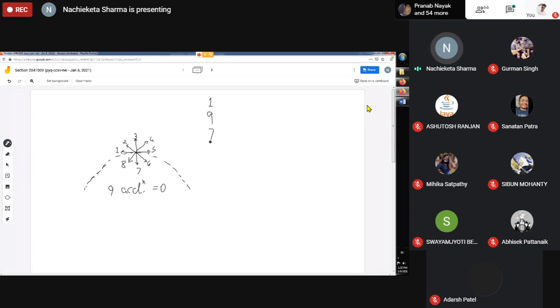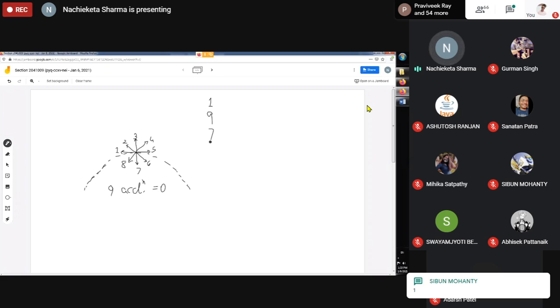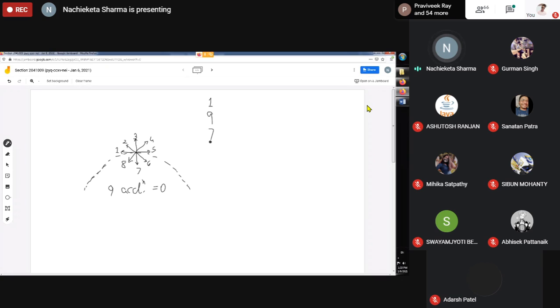Anybody who told 1, can you explain why it is going to be 1? Because, sir, if velocity and acceleration are in opposite directions, and the velocity at the topmost point is 0, so it's 1. Okay.